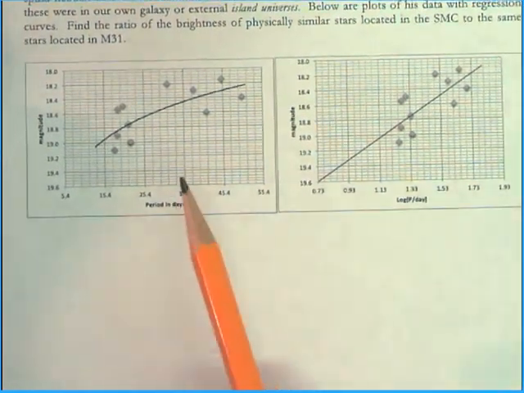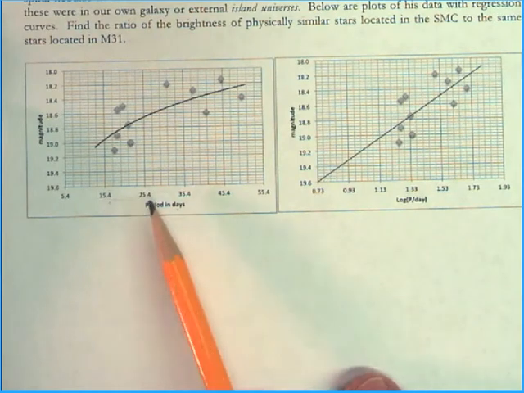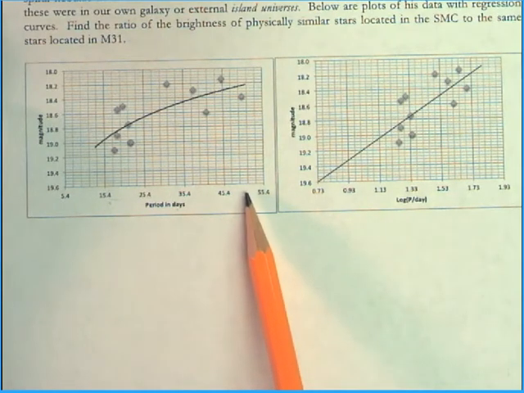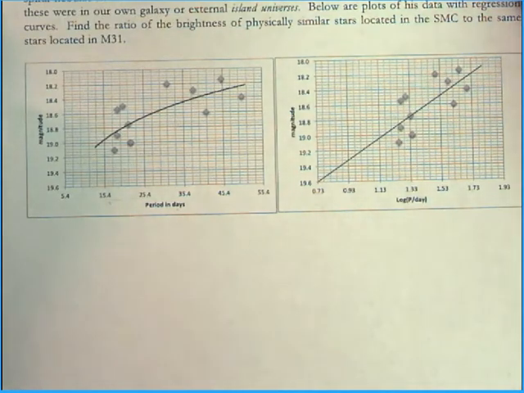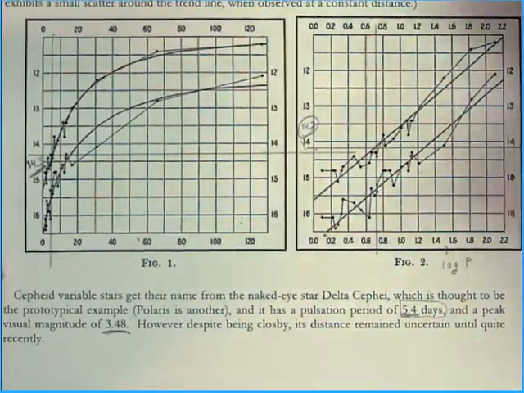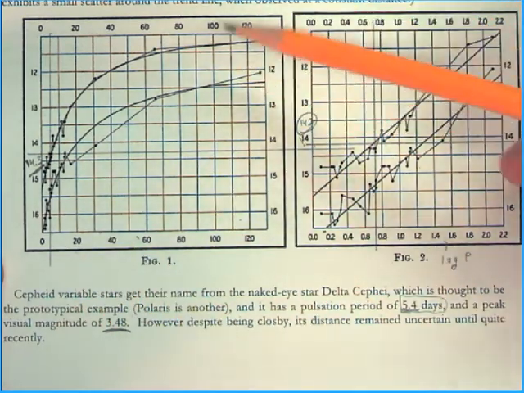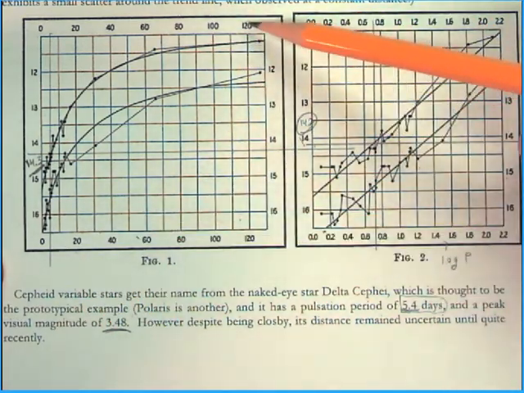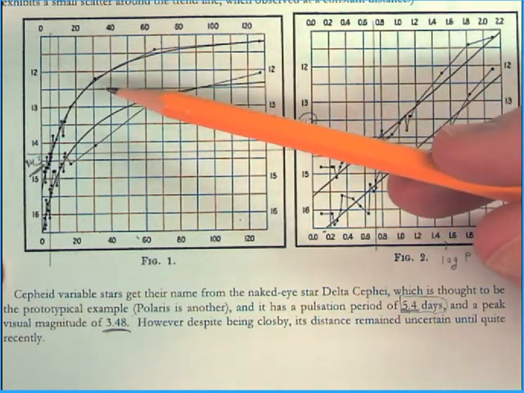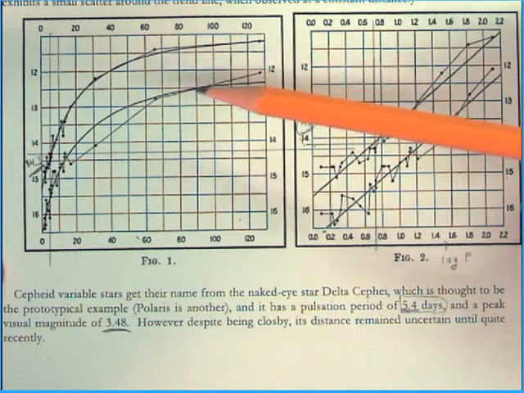Notice something else. The periods of all of these stars are between about 15 days and about 45 days. There's nothing like the period of Delta Cephei. So when we go back and look at Leavitt's plot, which we're going to be correlating these with, you can see these go up to about 120 days, and so maybe we'll use about this part of the plot rather than that part.